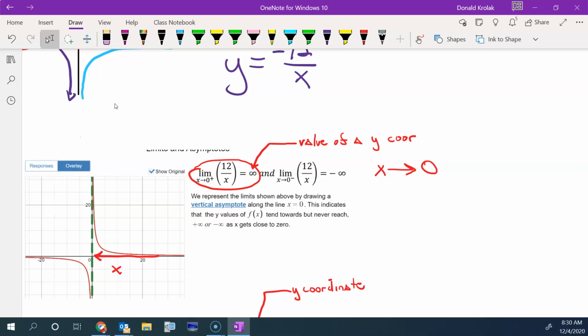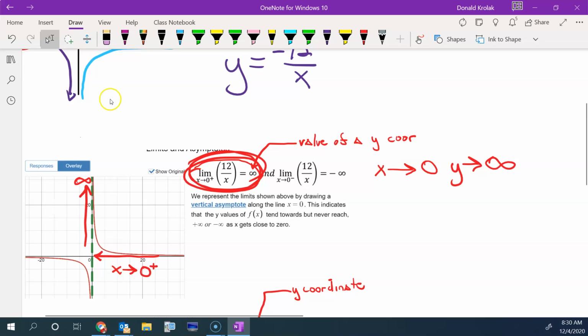That's what this notation means, this arrow with a 0 and a plus. I'm moving towards x equals 0. As I'm doing that, the y coordinate is going to infinity.